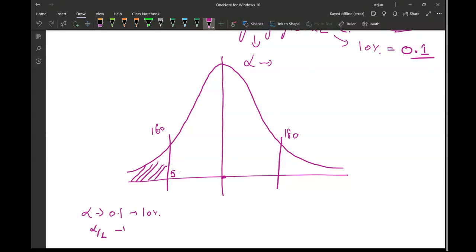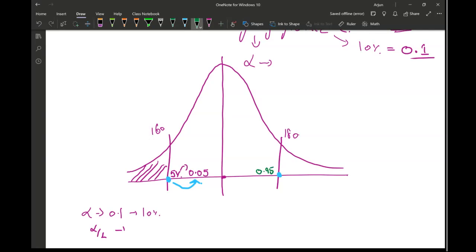This one is 5%, or I can also call it 0.05. What does this mean? The probability at this particular point is 0.05. And if I ask you to pause the video and find the probability at this point, try and do that. So welcome back.